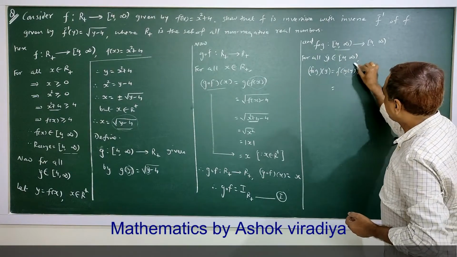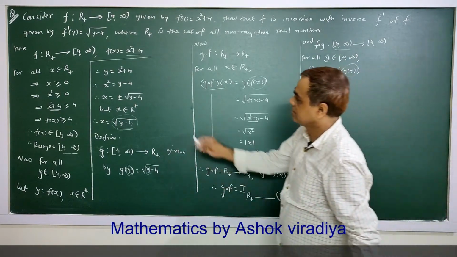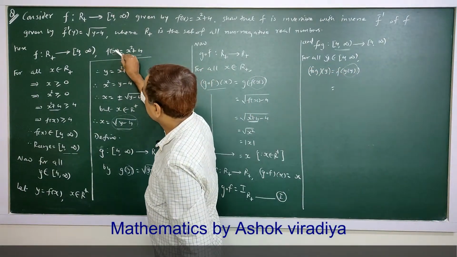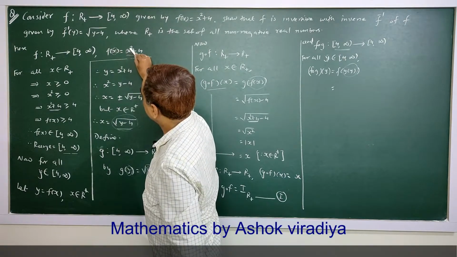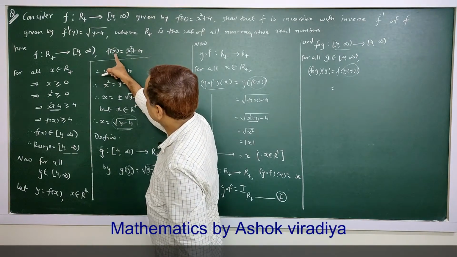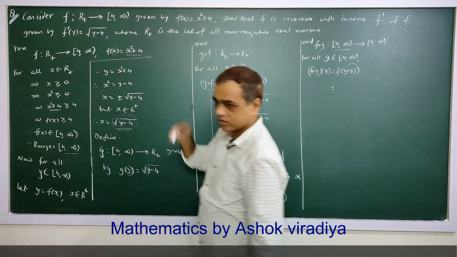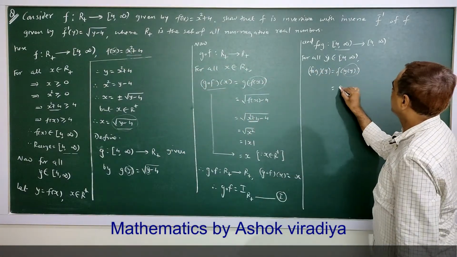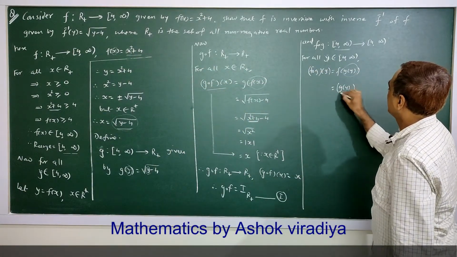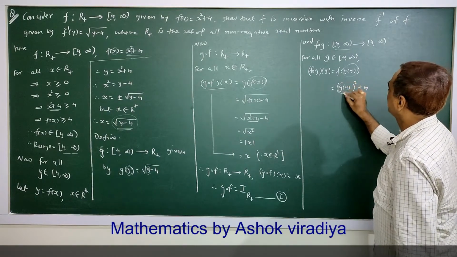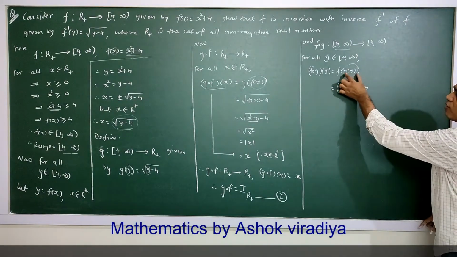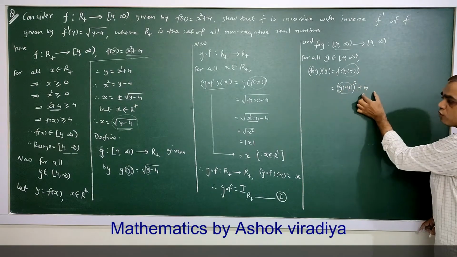Now in the formula for f, we are putting g(y). The formula was f(x) is x square plus 4.